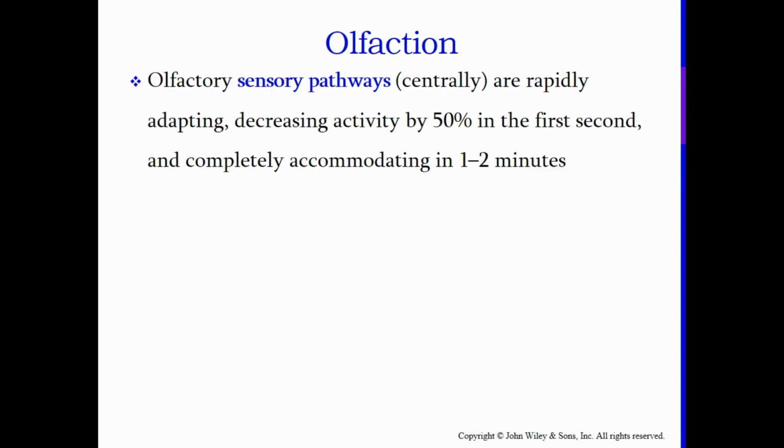The olfactory sensory pathway is rapidly adapting, decreasing activity by 50% in the first second, and completely accommodating in 1 to 2 minutes. We call this nasal accommodation, or olfactory accommodation. What this simply means is when you first detect an aroma, it is very prevalent in your brain and in your consciousness.